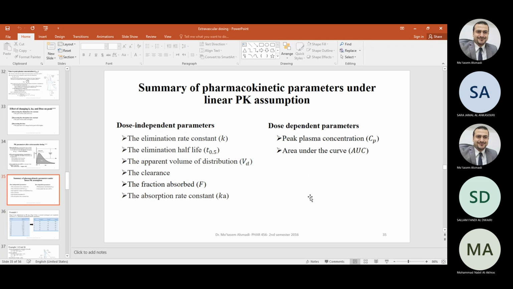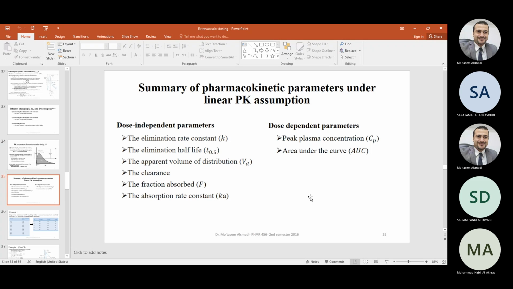Now, as a summary, if I have linear pharmacokinetics and I change the dose, what should be the same? Only the dose changes. The route is the same, the formulation is the same, and the dosage form is the same. I change only the strength, for example from 5 milligrams to 10 milligrams.